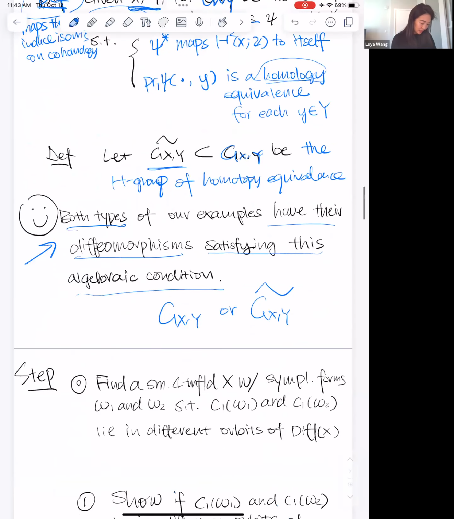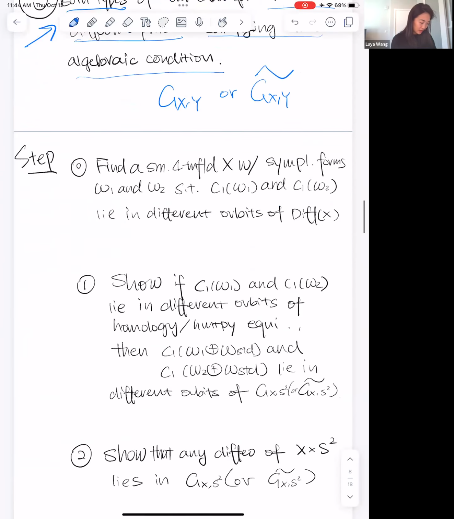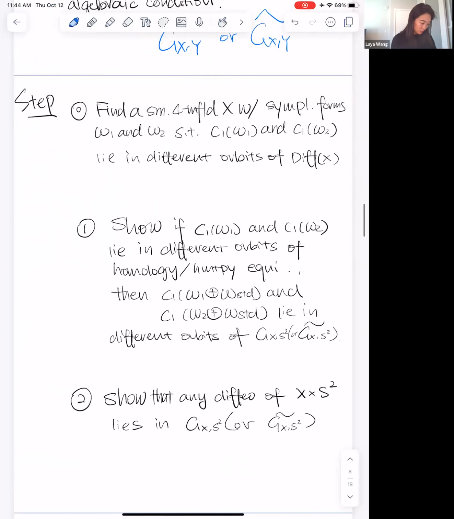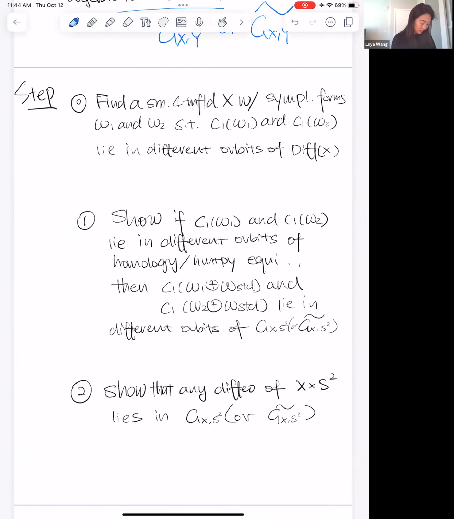So with this in mind, let's reconvene and see what steps we need to do to prove our theorem A. The first step is to find a smooth four-manifold with symplectic forms omega-1 and omega-2, such that their C1s lie in different orbits of diff of the four-manifold.